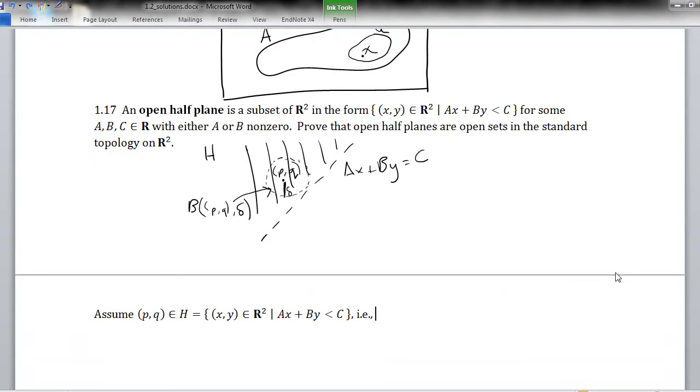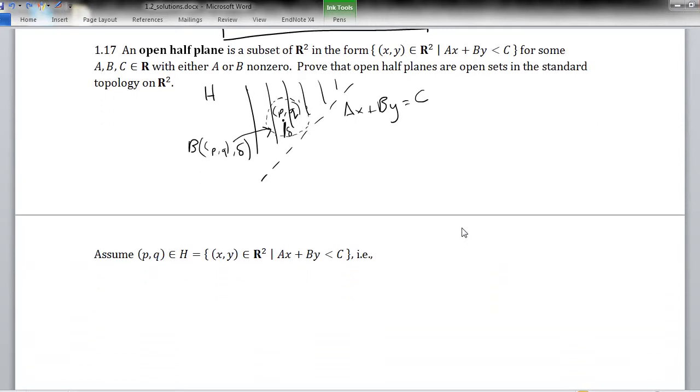Okay, so we need to find a delta to make this work. So to begin, let's assume that we have a point (p, q) in this open half plane H. And what that means is that (p, q) satisfies this inequality: ap plus bq is less than c. Okay.